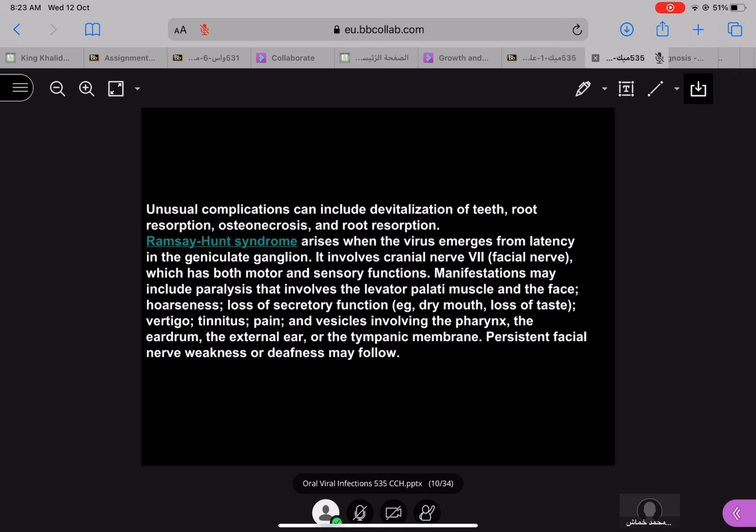It can also affect the pharynx, the external ear, and the tympanic membrane, which is also a form of manifestation. Presenting facial nerve weakness or deafness sometimes may follow the infection.